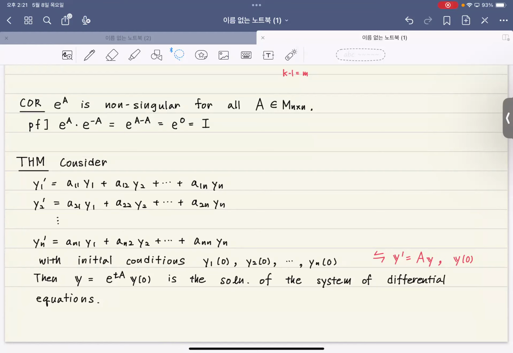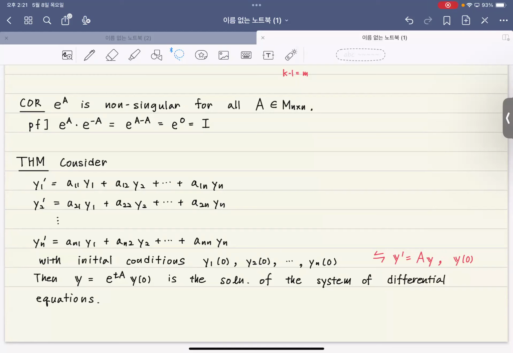This system consists of n first order differential equations with n unknown functions. Also, suppose that we are looking for the solution of the system satisfying these initial conditions, where these n numbers are given. Now, can I find the solution of this differential equation?